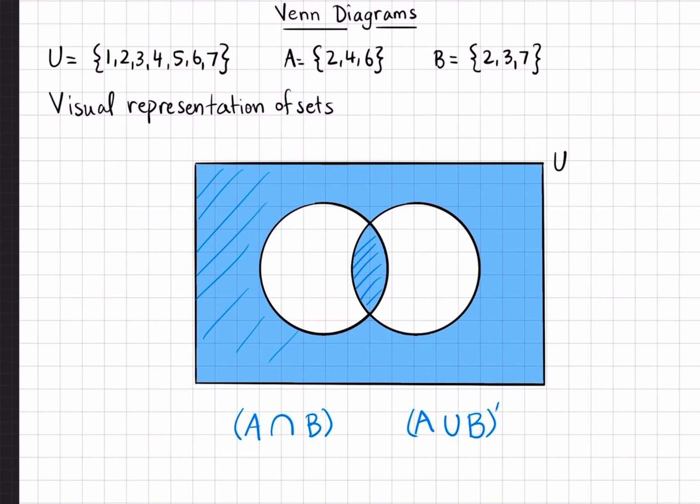So all I need to do is just say it's A intersection B union A union B complement. So I put them together. I say it's both of these things.